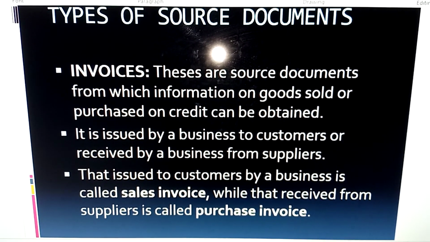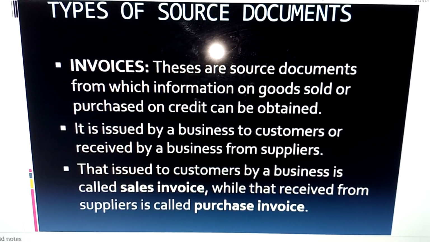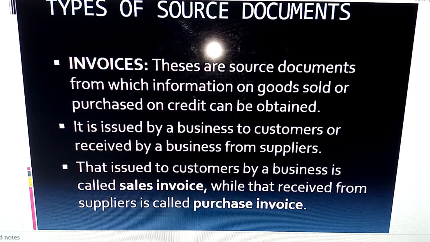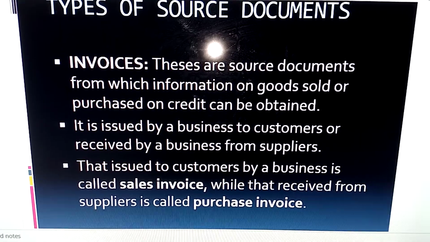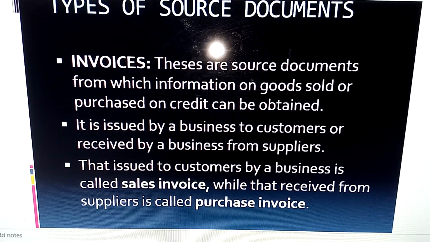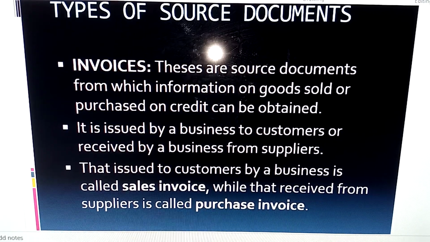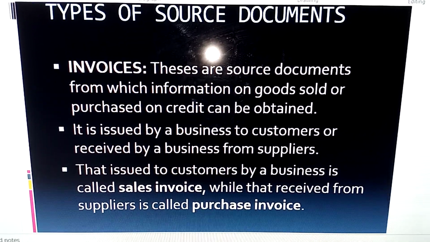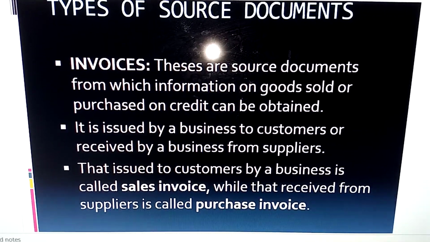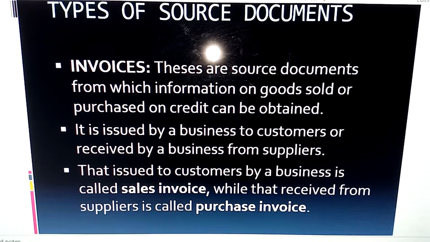The types of source documents, like I said, vary from organization to organization. But for this study, we're going to be looking at some types that are similar. The first one here is what we call the invoice. Now, the invoice is raised when goods are sold or purchased on credit. Typically, when a business sells or renders service to another organization or individual, it raises an invoice to show that the service or the product has been sold.